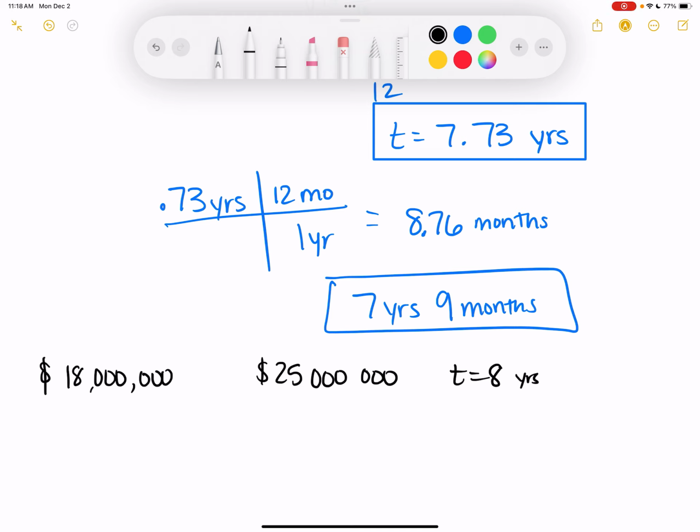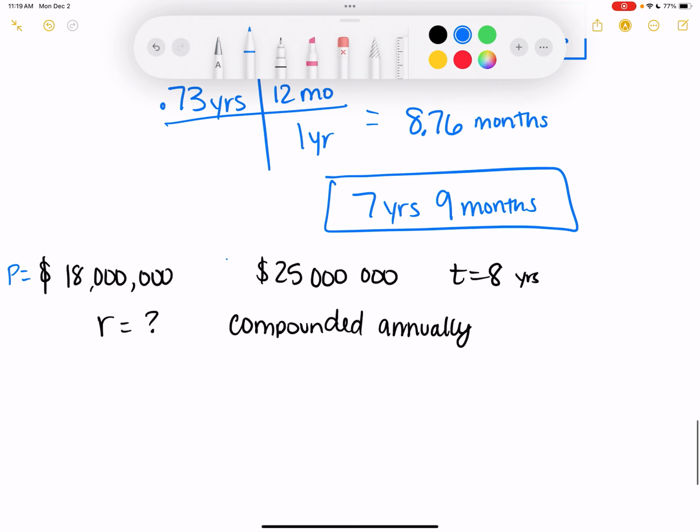So I'm looking for the rate, and it is compounded annually, so we have a special formula for that. Okay, so this $18,000 is the principal amount. $25,000 is what we're trying to get to, so that's A. T is 8 years.